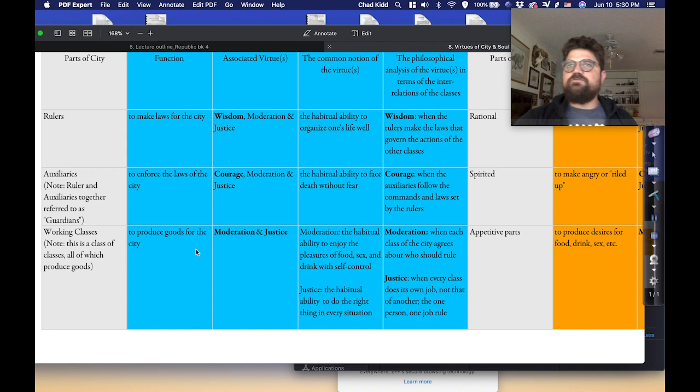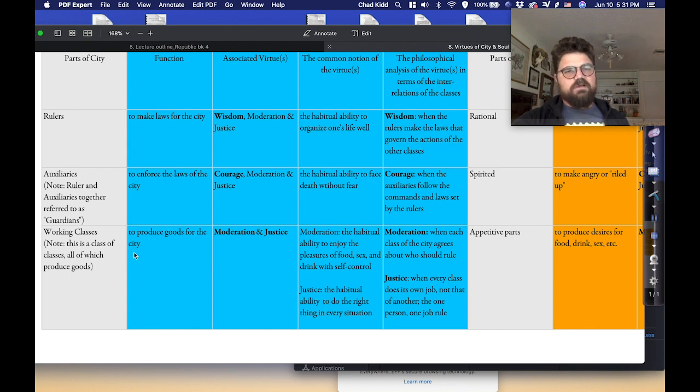And so whatever virtues the working classes have, the auxiliaries and the rulers will also have, because the working classes are sort of like basic human beings, right? Basic forms of humanity. It's not meant to denigrate them, but it's supposed to sort of recognize what they are in the grand order of things, right? But in any case, let's set that point aside for now.